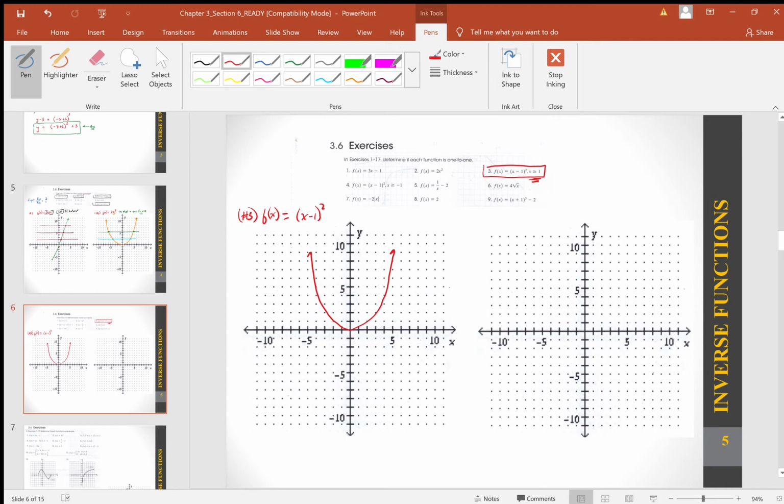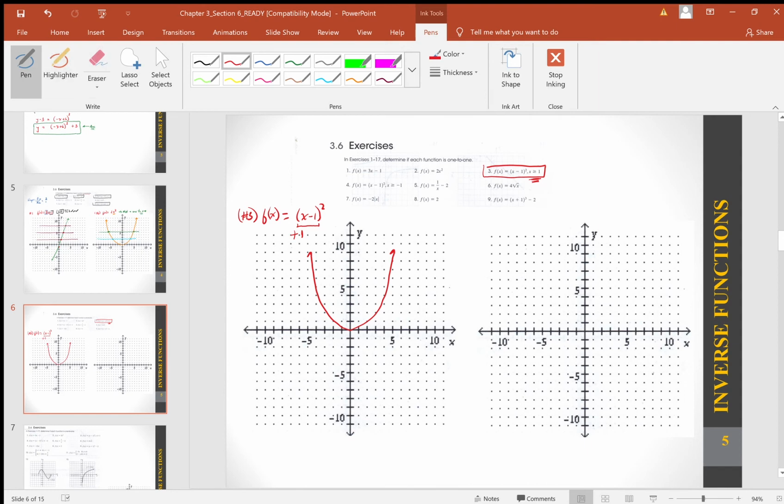Okay, but it's being shifted over to the right by 1, because you want to ask yourself, in this parentheses, what's going to make this value go to 0? And that's a positive 1, right? Positive 1 minus 1 gives me 0.